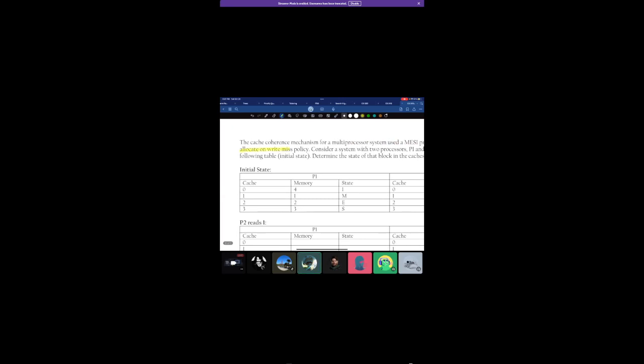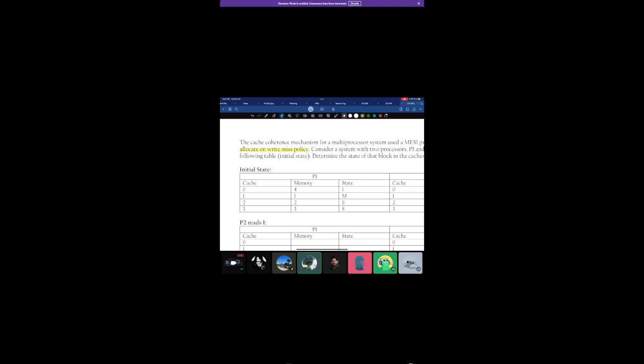Okay. This one says the cache coherence mechanism for a multiprocessor system is used as a MESI protocol with direct mapping. I'll highlight that. Direct mapping. We're using write back, allocate on write miss.